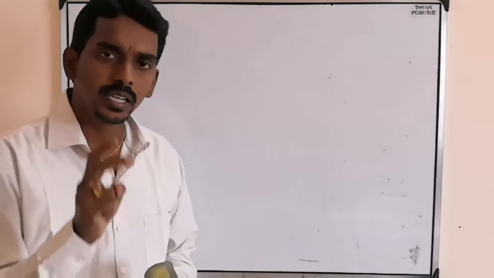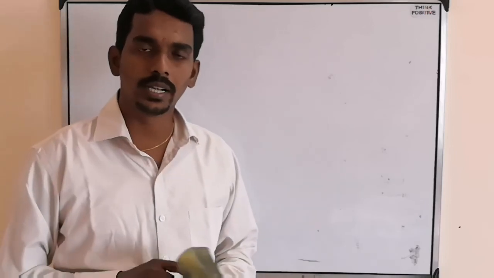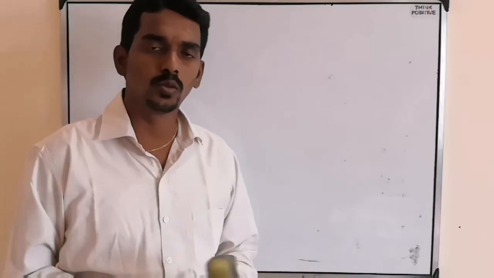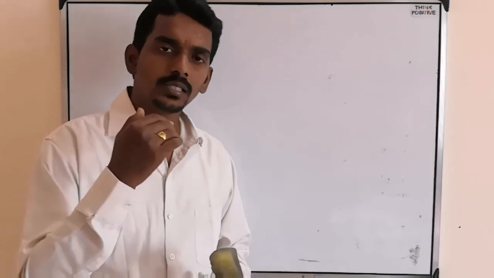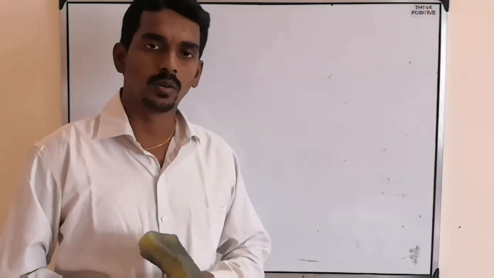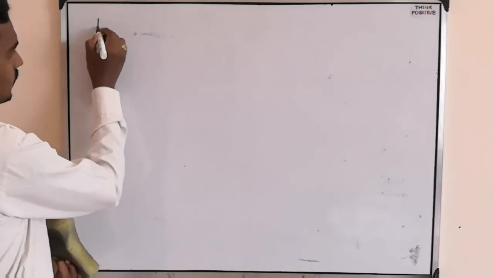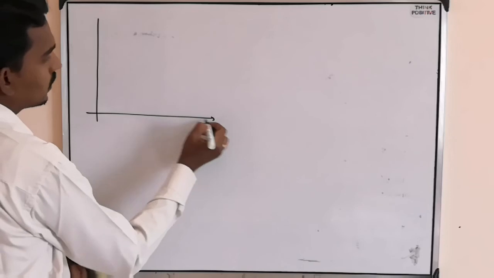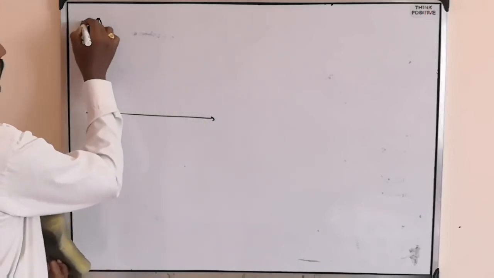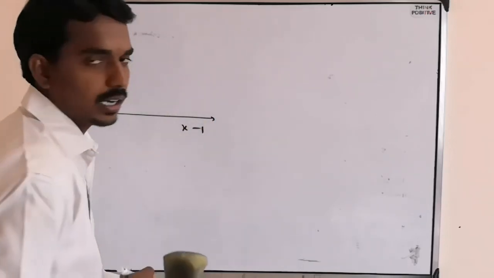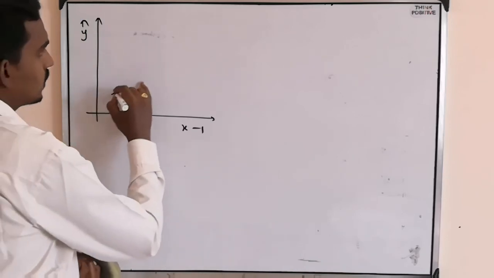And I said there are two types of graphs mainly we get between any two quantities, either straight or curved. Now let us try to understand. First take one straight graph. So there is one straight line.